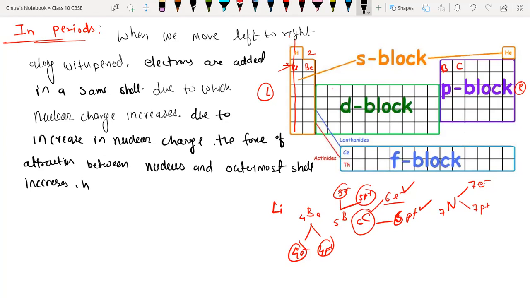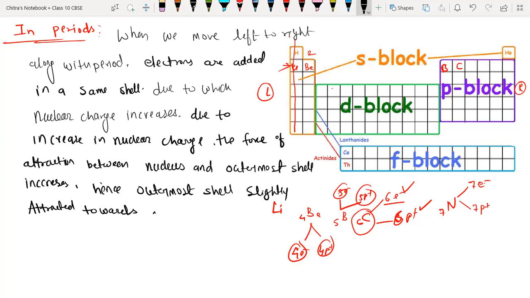Hence, the outermost shell is slightly attracted towards the nucleus. Hence, atomic radius decreases.